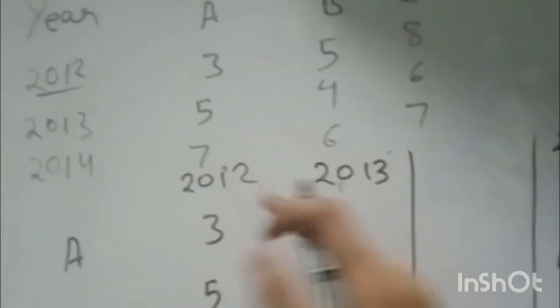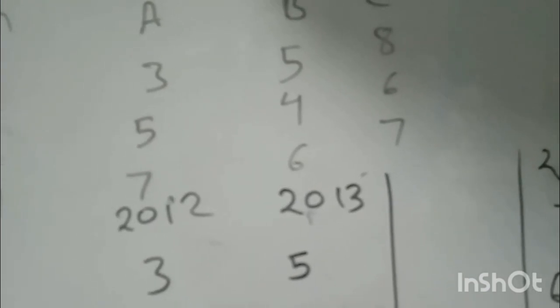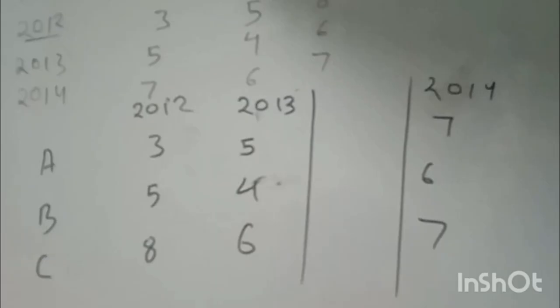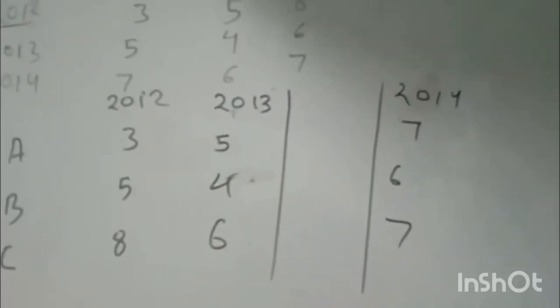Now let's find the price relative. For 2013, the base year is 3. If it is not given in your question what base year you have to choose, always choose the base year. But there was a mistake by me. In this question it is written that you have to take the average as a base.